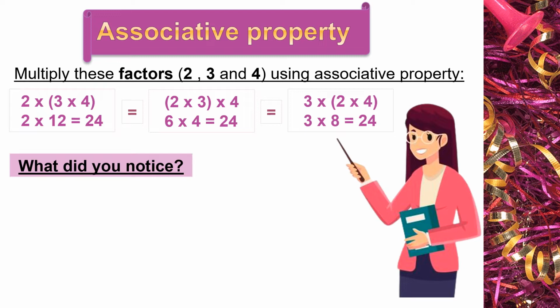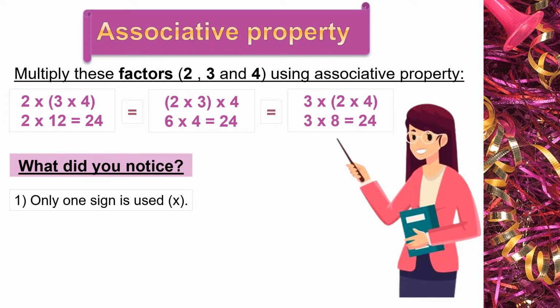I have here the first notice with me, which is only one sign is used. Here in associative property, I use only one sign. One sign like this. I have here times only.